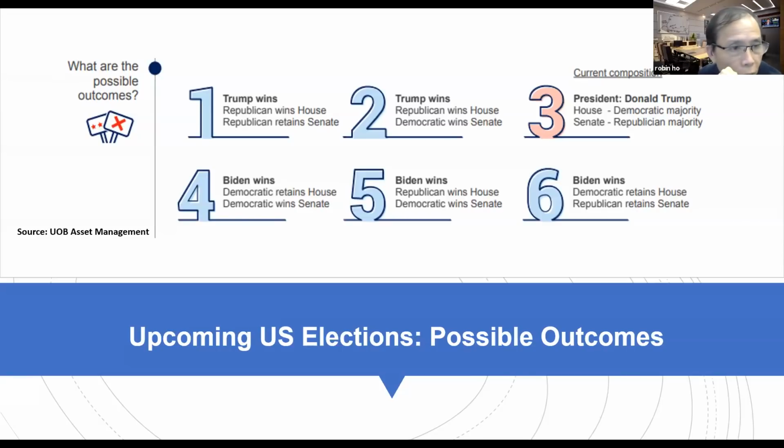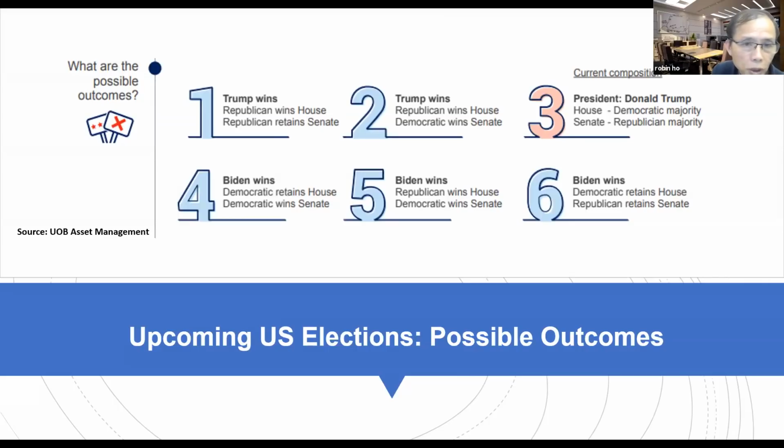The fourth scenario is Biden wins, Democrats retain the House, and Democrats win the Senate. This is what you would call a blue wave victory, where Biden wins and Democrats basically control the whole Congress.